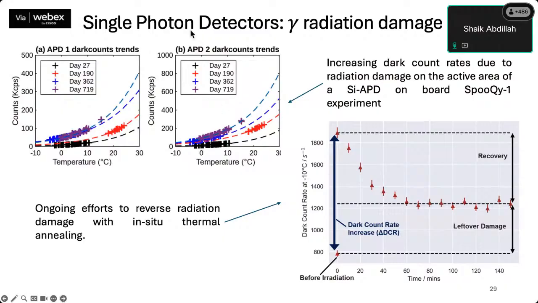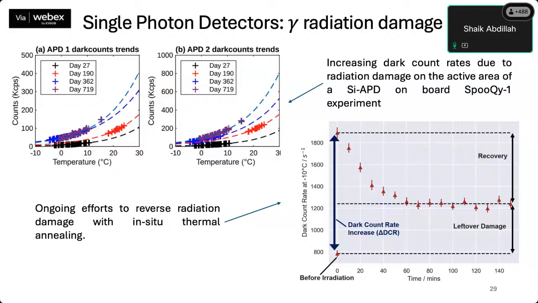One thing about single photon detectors is that because APDs based on silicon and InGaAs will exist in orbit, they will degrade with gamma radiation exposure. So the radiation that you will observe when you are in orbit, right? The diagram here shows the characteristic dark counts of the avalanche photodiodes with increasing temperatures, right?